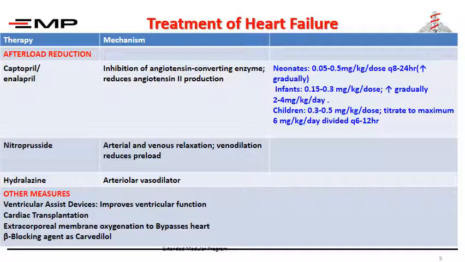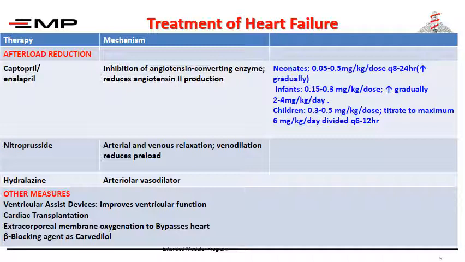In cases of intractable heart failure, ventricular assist devices are used. They improve the ventricular function. Ventricular assist devices are devices that improve the contraction of the left ventricle. Cardiac transplantation is not easy, of course, to find a donor, and the process is not present in every country.